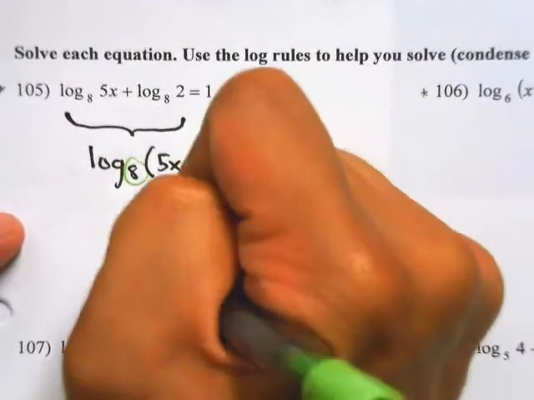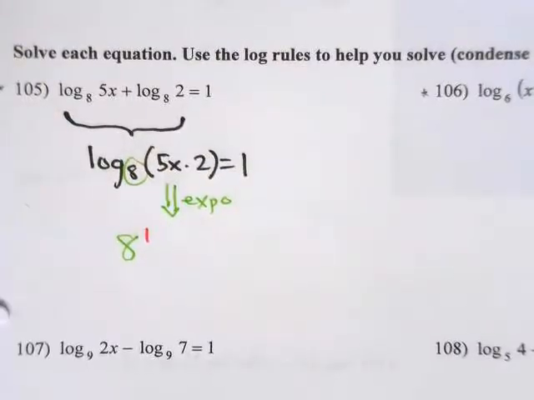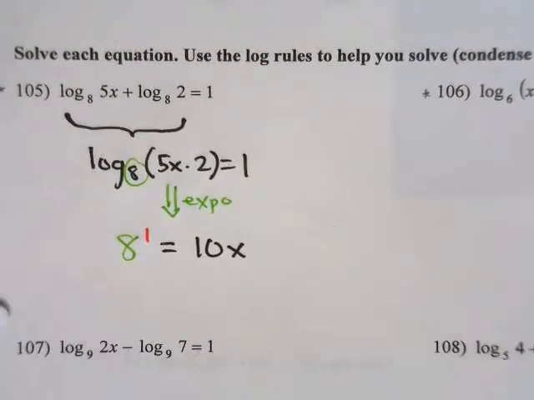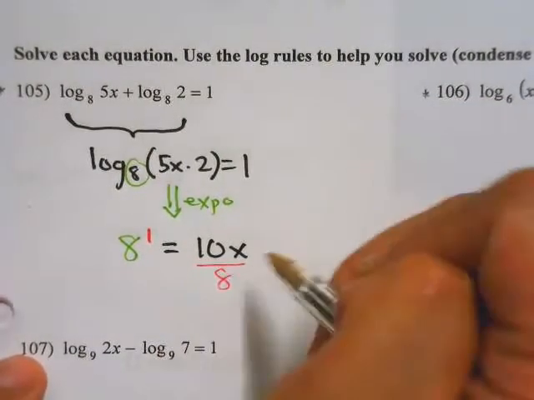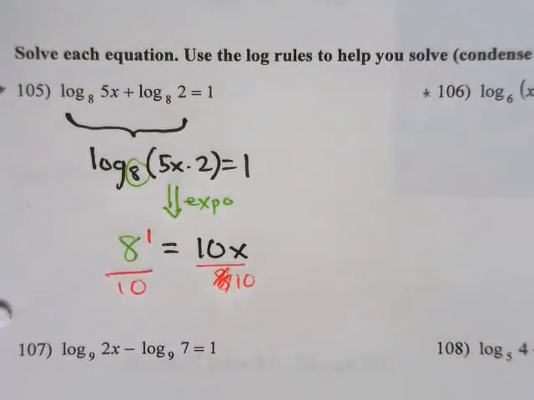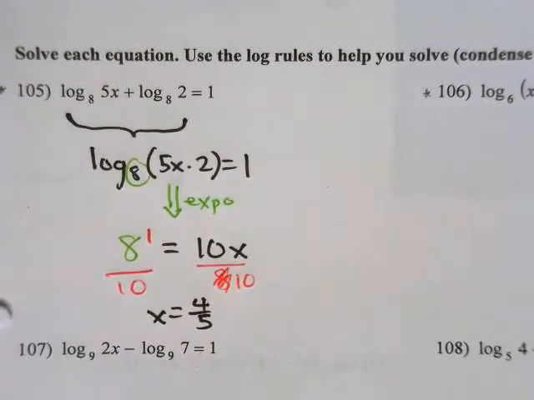We got our base, 8. Our exponent is a 1. And then our argument, 5x times 2, which is really just 10x. Okay, almost done. Divide both sides by 10. Okay, and we're going to reduce this. X is equal to 4/5. Divide top and bottom by 2.